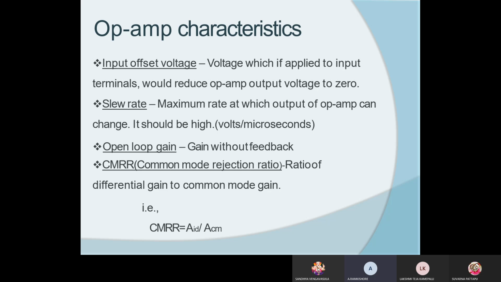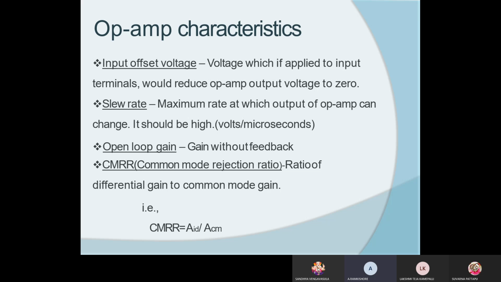Next characteristic, thermal drift: the change in offset voltage and offset current due to variation in temperature. Thermal belongs to temperature.